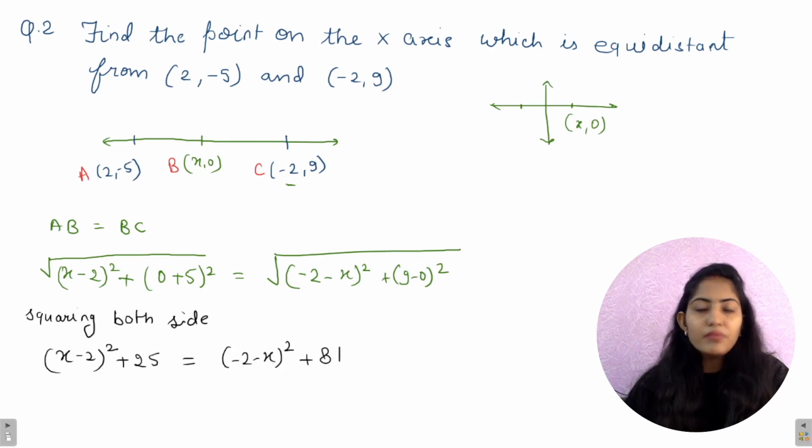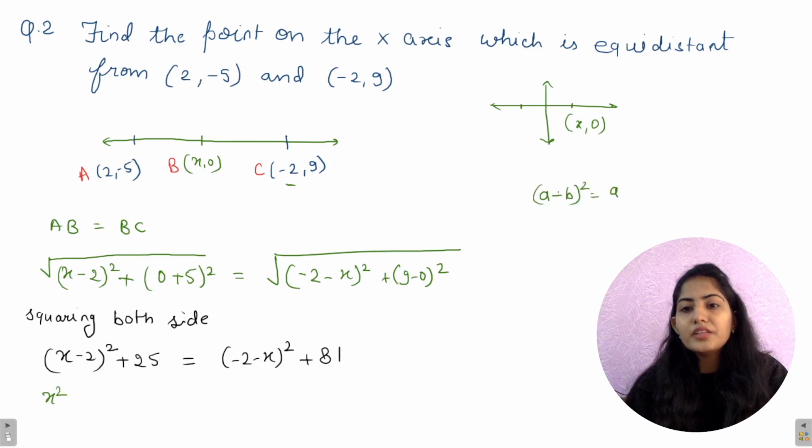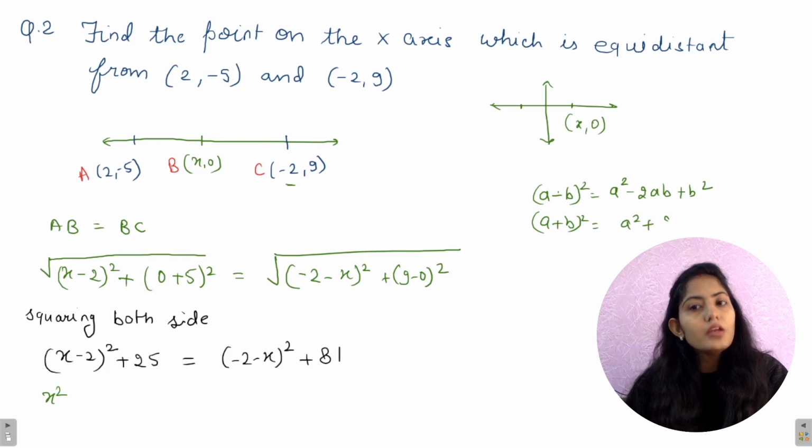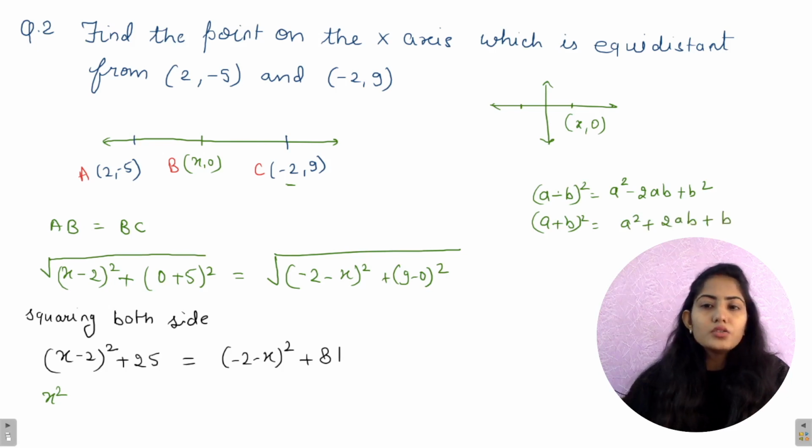So what will happen when we use the identity of (a plus b)? Okay, so I'm going to use that. So here it will become x square. We know that (a minus b) whole square is equal to a square minus 2ab plus b square, right? And we also know that (a plus b) whole square is equal to a square plus 2ab plus b square, right? Okay, so I'm going to use this.